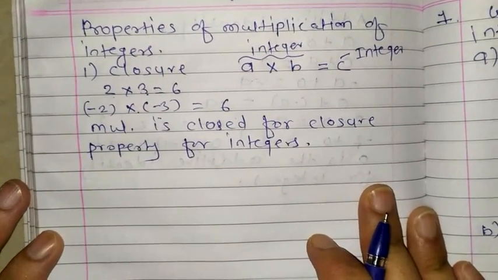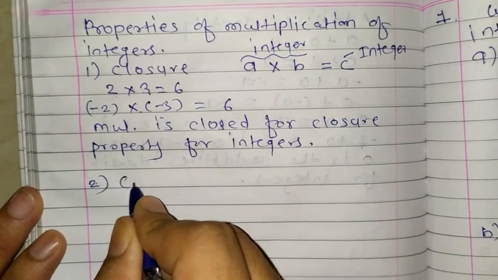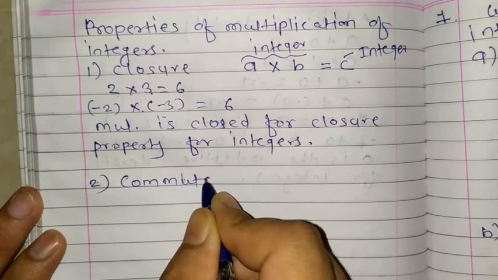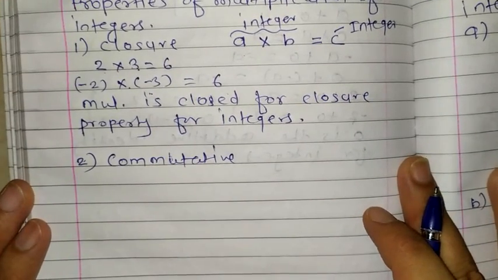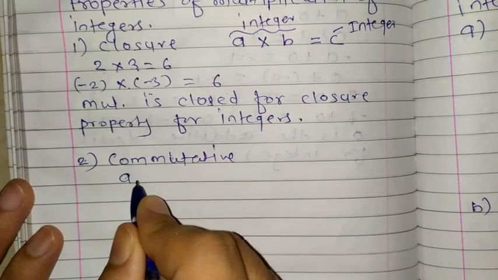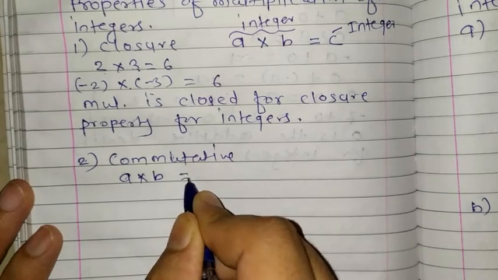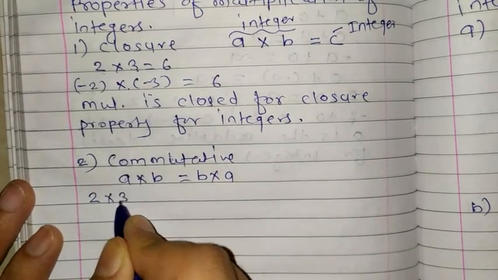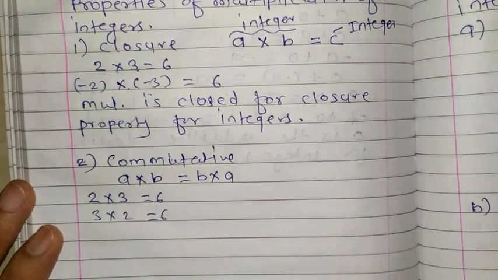Next property that we will see, commutative property. In commutative property, if you are taking A into B in the multiplication, then it should be B into A. If you do 2 into 3, it is nothing but 6. 3 into 2, it is also 6.